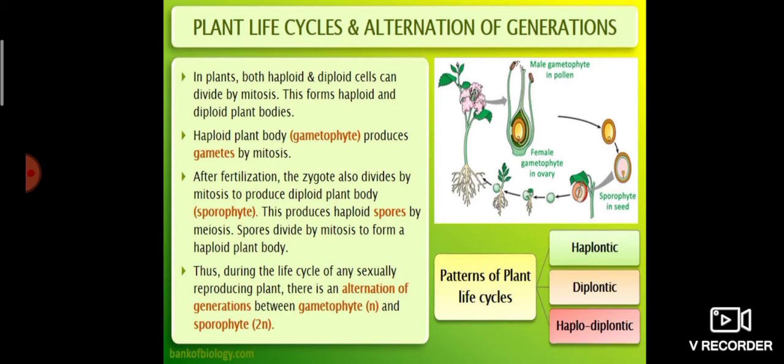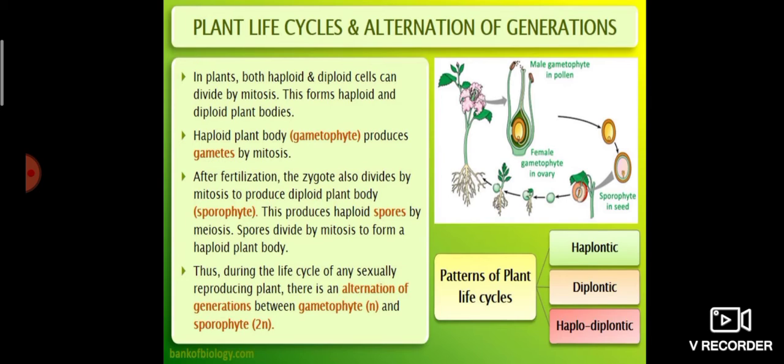You understand? Both haploid and diploid cells undergo mitosis to produce the haploid and diploid plant bodies. Gametophyte, which is the haploid plant body, undergoes mitosis to produce gametes. Then after fertilization, the zygote is produced. This zygote undergoes mitotic division to form sporophyte, and the sporophyte undergoes meiosis to form haploid spores.